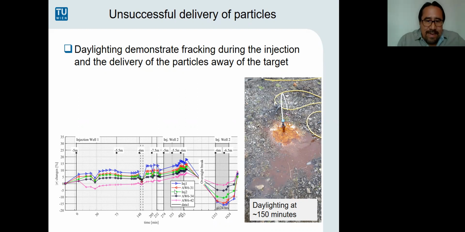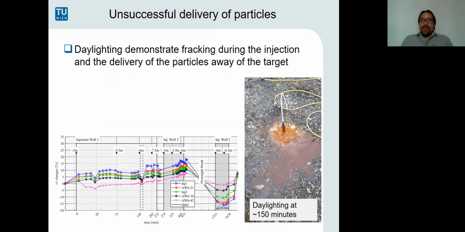But if we look at the electrical response of a few pixels over the length of the experiment, we can see that actually the geophysical images were revealing a change at 30 minutes after the injection. In this case, the injection was very slow to avoid fracking.